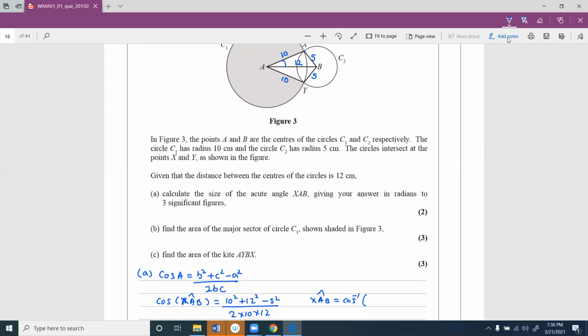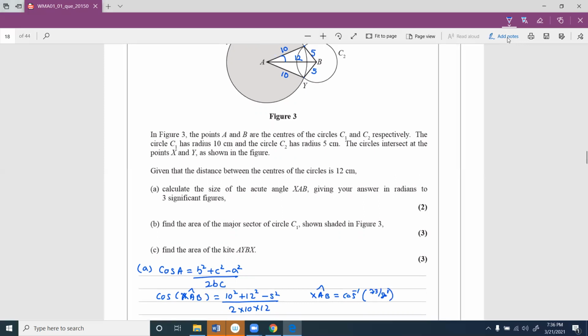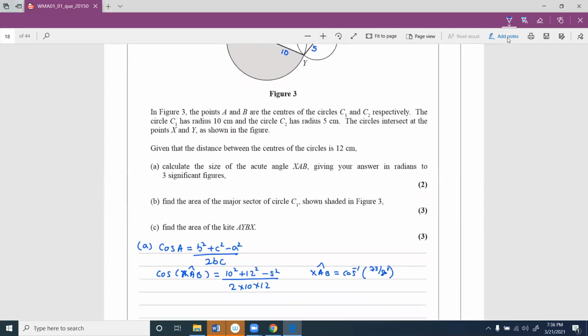It is 73 over 80. With this value, they need the angle in radians, so make sure your calculator is in radian mode. So you can write cos inverse of this answer, and you'll get 0.421 radians. That's how we get it.